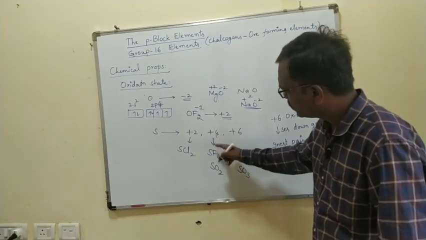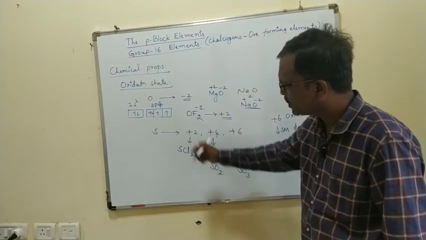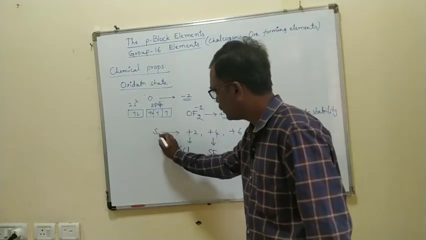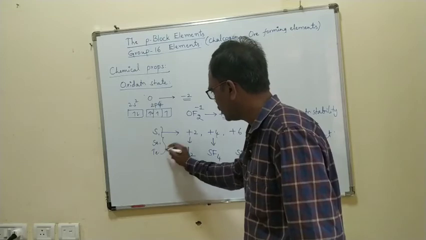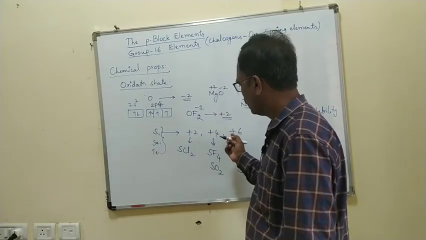This applies to all the other elements, not only sulfur: sulfur, selenium, tellurium. What are the general oxidation states? +2, +4, +6.